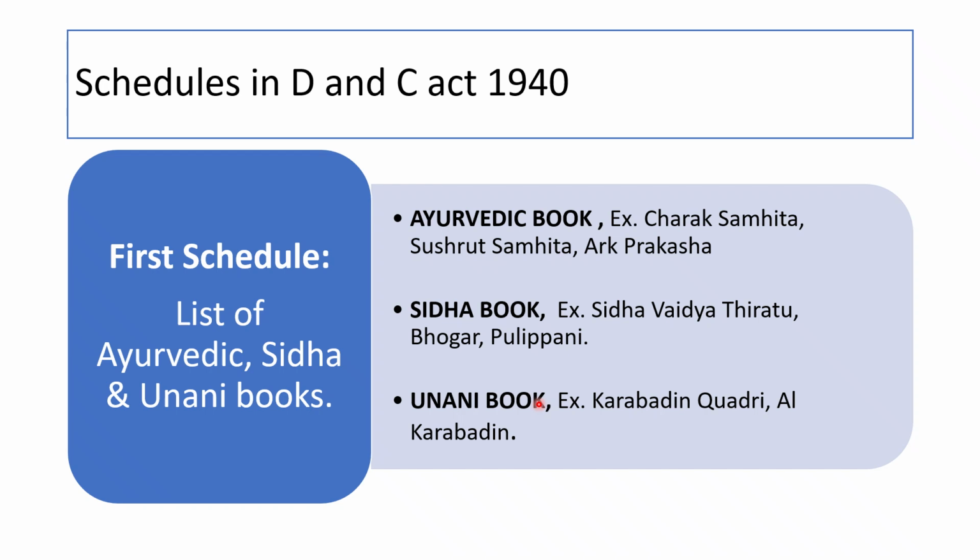So जो भी Ayurveda, Siddha and Unani preparations है उसमें जो भी authorized books है, the names of these books are included in the Drug and Cosmetic Act. जैसे कि आयुर्वेदा में सबसे जो फेमस है वो है चरक संहिता, सुश्रुत संहिता। सिद्धा में होता है सिद्धा विद्या, देन फूली पानी। यूनानी में होता है कराबादीन। So these are the authenticated books of Ayurveda, Siddha and Unani. So the names of these books come in the D&C Act first schedule.